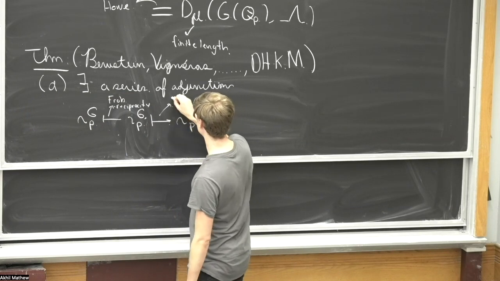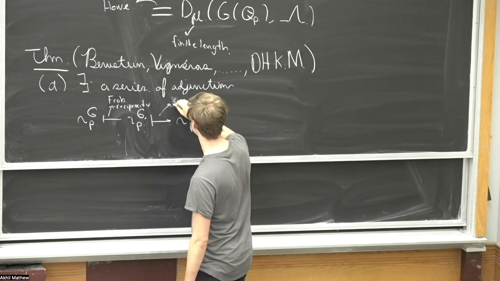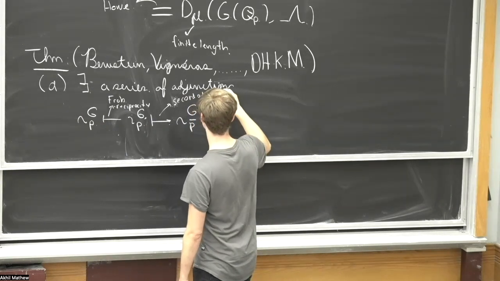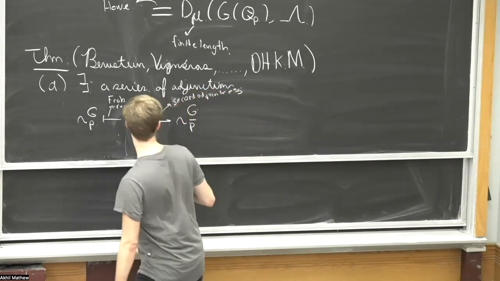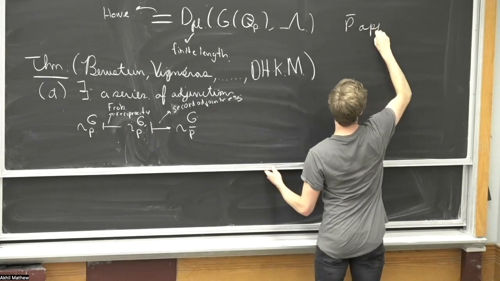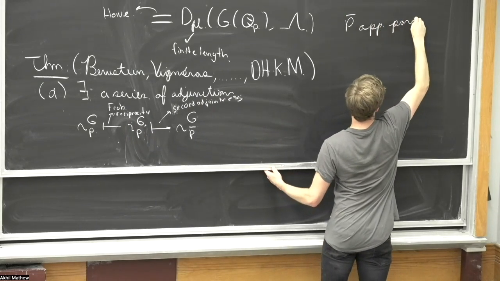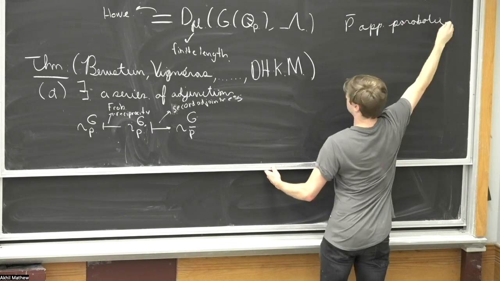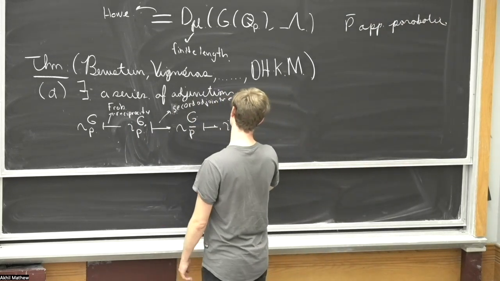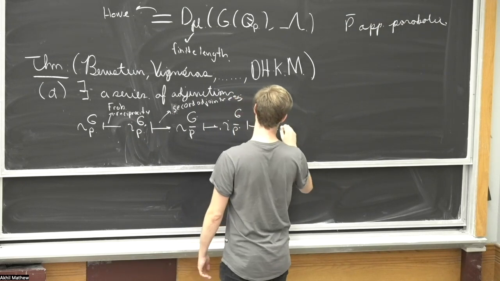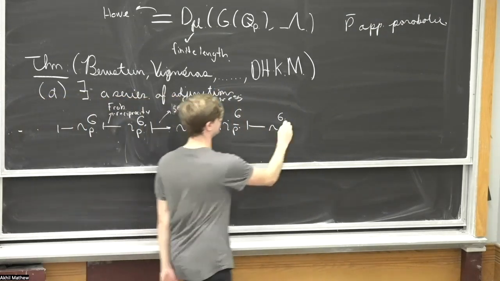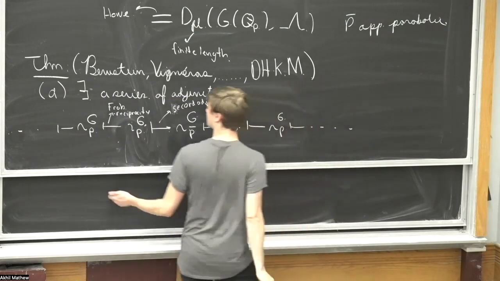This is what's known as second adjointness. This will be given by the Jacquet module of P bar, the opposite. And then you can just keep going, right? So the I_P^G, and you'll be back at R_P^G. And then this will continue in an infinitely cyclical fashion in both directions.